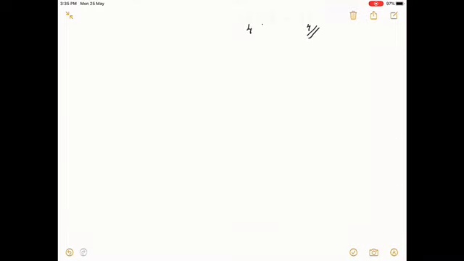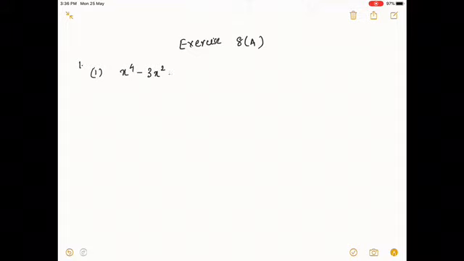Now let me start with the next exercise, exercise 8a. Let me do the first sub question of the first question. x to the power of 4 minus 3x square plus 2x plus 1 is divided by x minus 1.